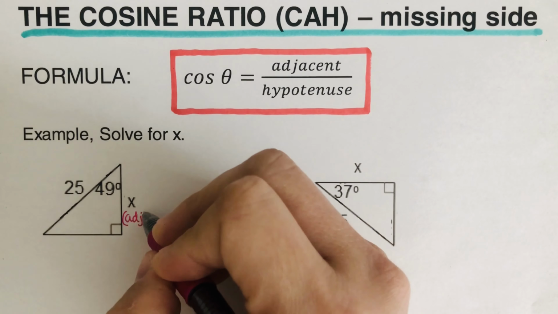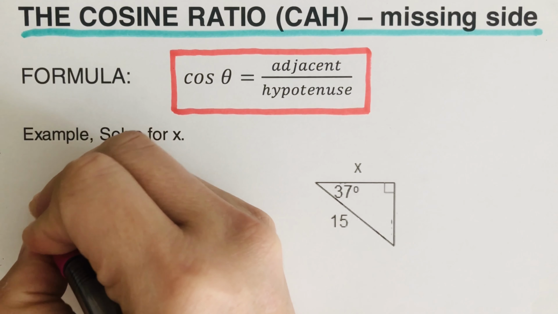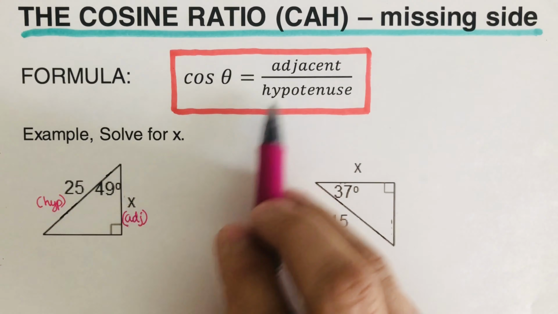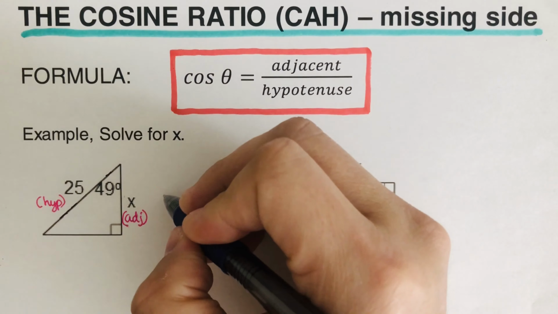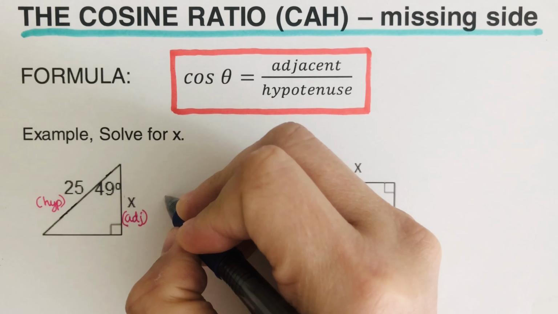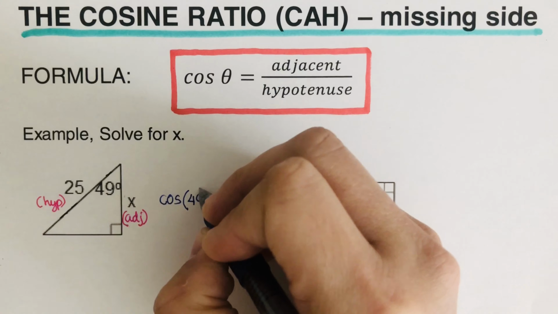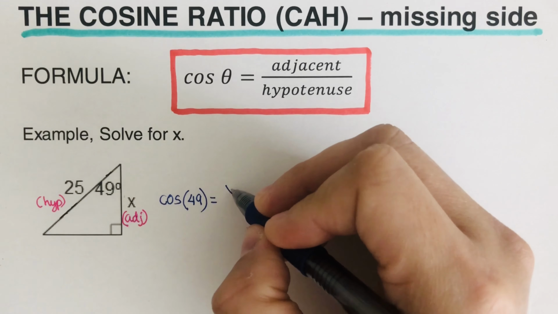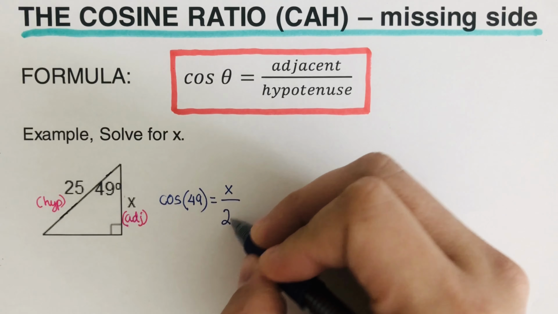And this 25 is across the 90 degrees, so I'm going to label this as the hypotenuse. So then we can use adjacent over hypotenuse. To set up the equation, this would be cosine of 49 is equal to the adjacent, x, over the hypotenuse, 25.